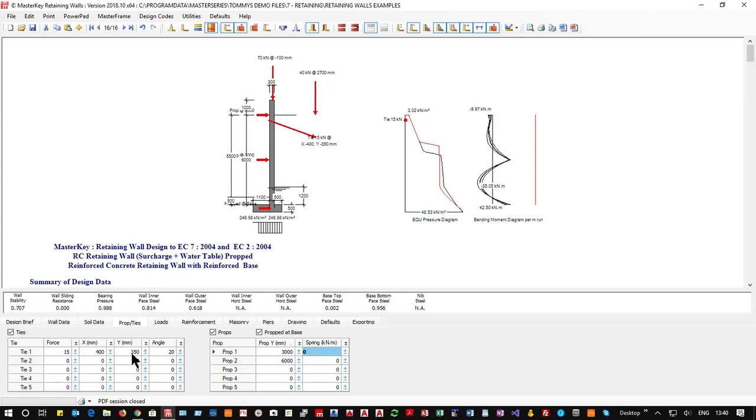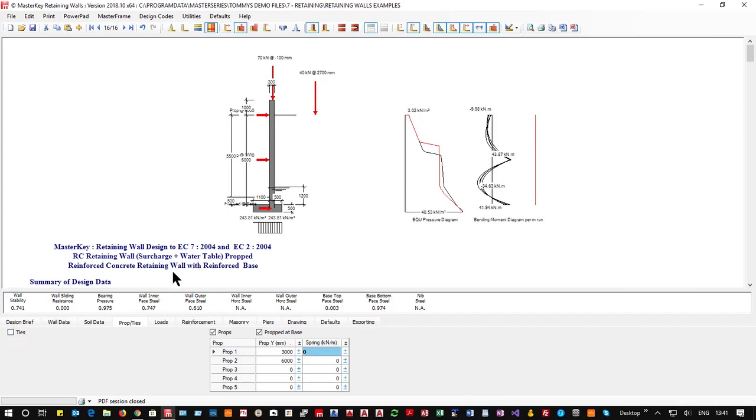So instead of propping, you can say I have these ties. But also a tie has a force that it is able to generate at ultimate limit state. So you can put that in there and have fun. But again, it's not one that I would like to use very often. Props, yes. Ties, of course they exist and you can use them, but it's not something that I myself have much experience on.